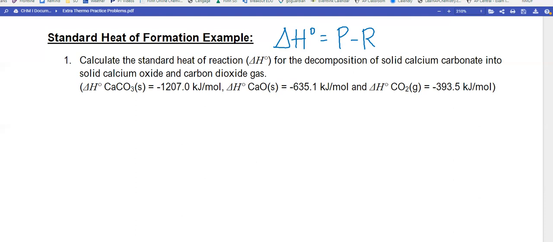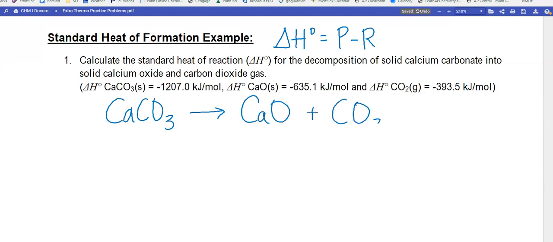So the calcium carbonate is the CaCO3. And that's breaking down into the CaO and CO2. And this one happens to be balanced. You're welcome. This happens to also be one of the problems on the study guide. So if you would like to copy that down after you write it down here, that's great.